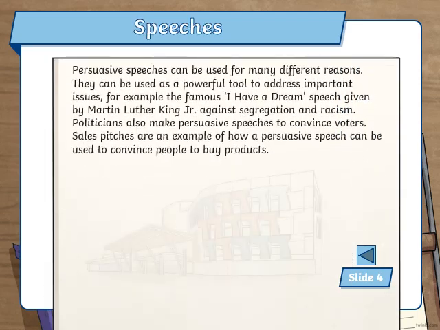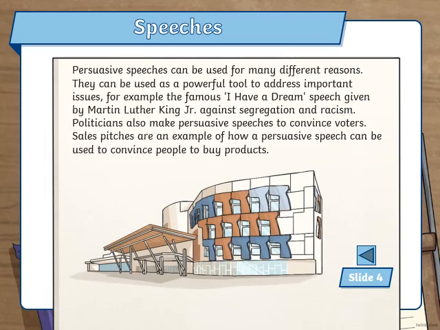Then we have speech. Persuasive speech can be used for many different reasons. They can be used as a powerful tool to address important issues. For example, the famous speech I Have a Dream by Martin Luther King against racism and segregation. Politicians also make persuasive speeches to convince voters.